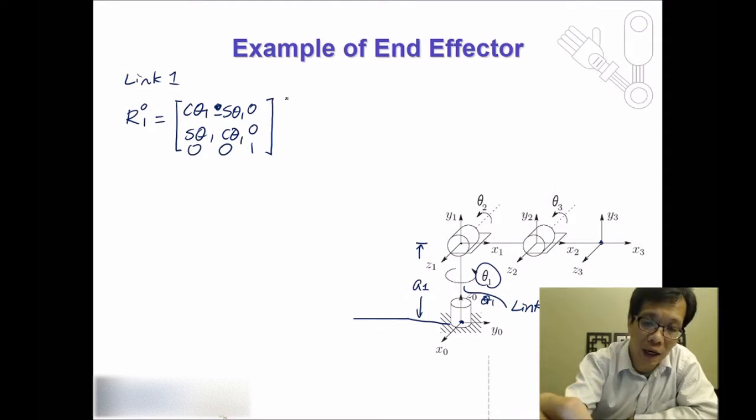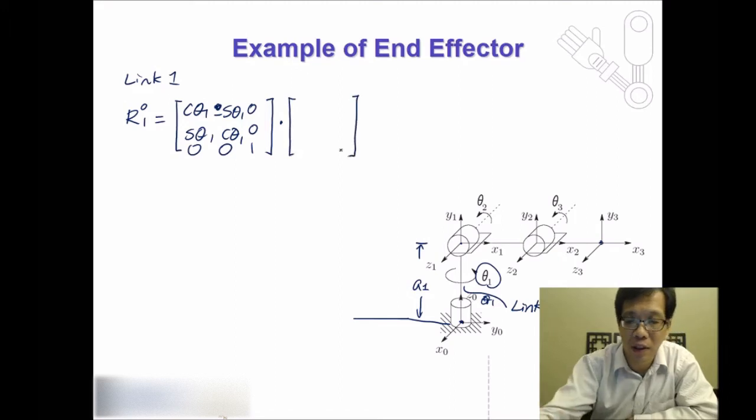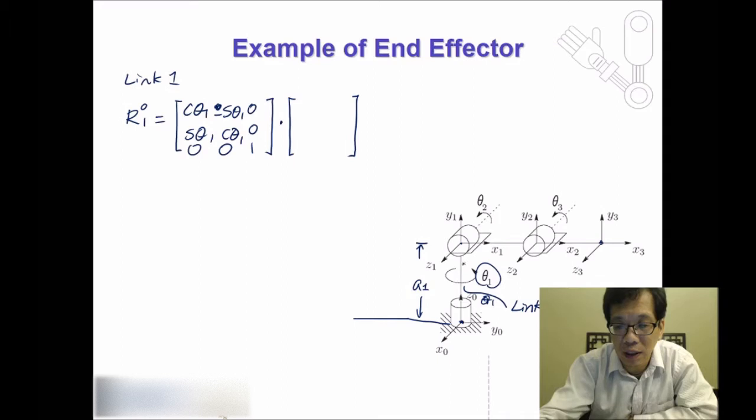And after doing that, this one is going to change its coordinate system from x0, y0, z0 into x1, y1, and z1. So we need to find out what the rotation matrix is going to look like.